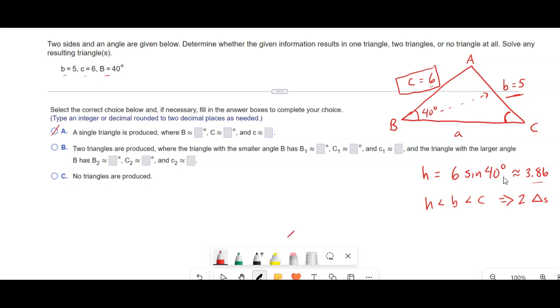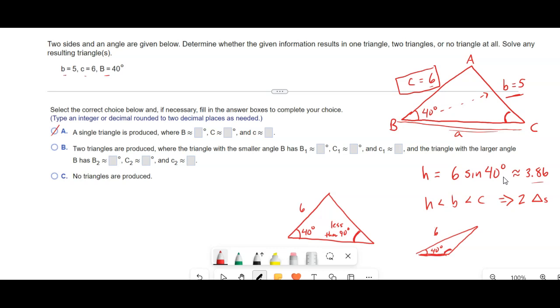So if you think we got this side length here, so there's the 40-degree angle. If this angle right here is less than 90, we're going to get one triangle. But we also could get one, because we're not given this angle. We could also have one like this, where this is still 6 units long. This is still 40 degrees. But now this distance down here, which again we're not given length A either, is significantly shorter.